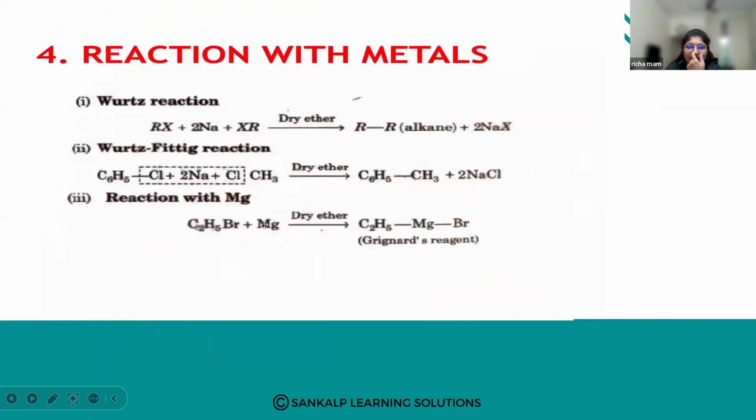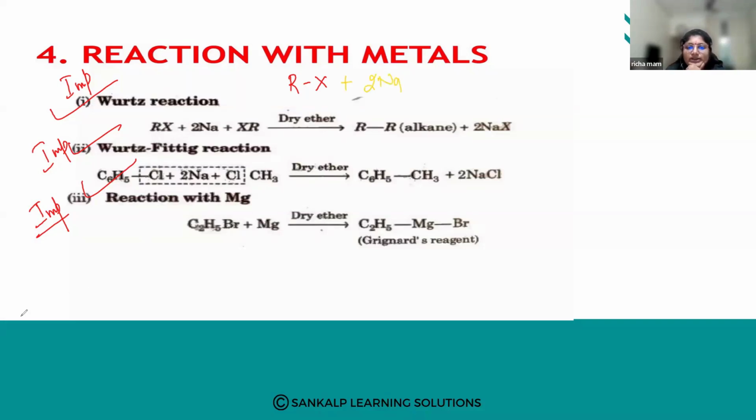Next is the reaction with metals. Again very important: three name reactions. The first one is the Wurtz reaction. Mark this as important, students. In the Wurtz reaction, 2 moles of alkyl halides react with sodium.